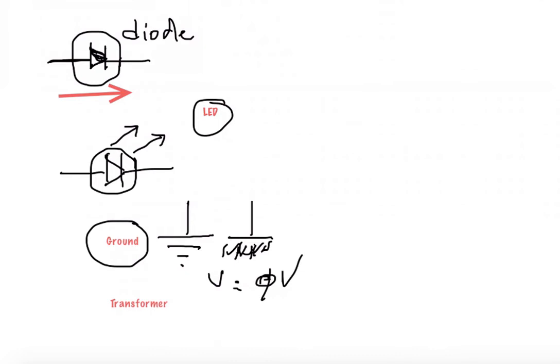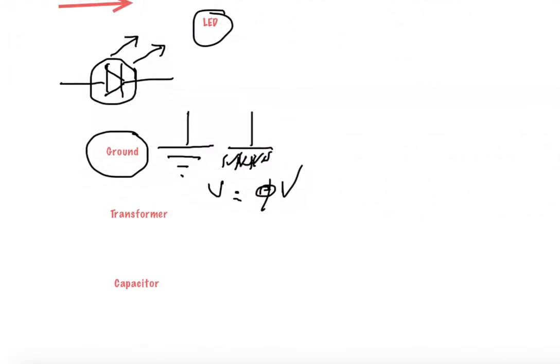The next one here is the transformer. So a transformer is just like an inductor, or also called the solenoid, if you will.